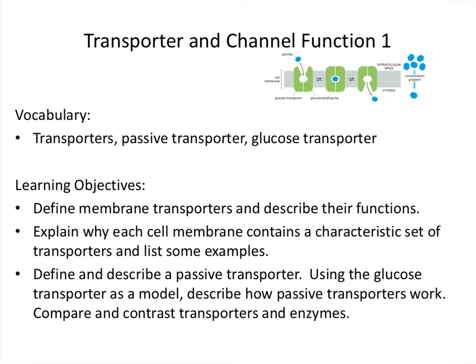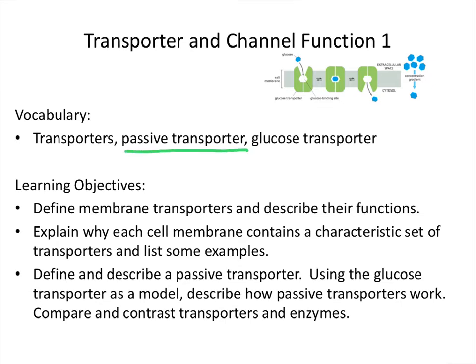In some cases, we know of specific diseases which are caused by malfunctioning transporters, and drugs have been developed to help with these processes, potentially helping these incorrectly functioning transporters to function more efficiently. And here's a couple of the highlights of the terminology and learning outcomes that we'll focus on and build towards.